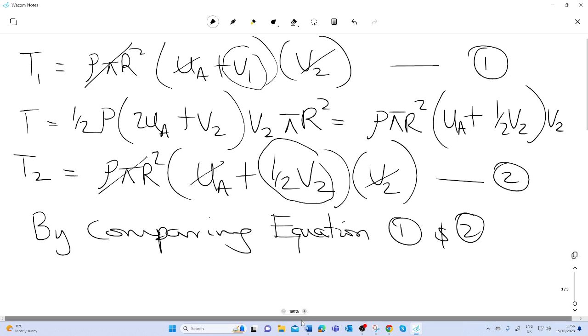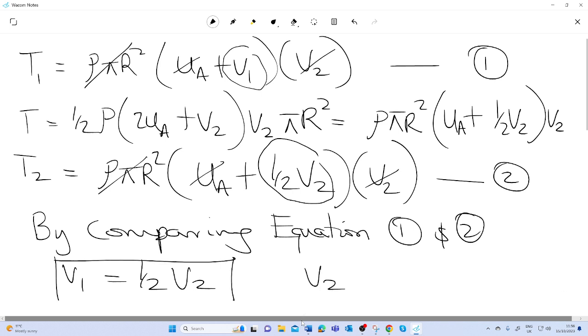Now we can deduce from juxtaposing the two thrust equations of the rotor dynamics that V1 equals half V2, that's the first equation, and also V2 equals 2V1.